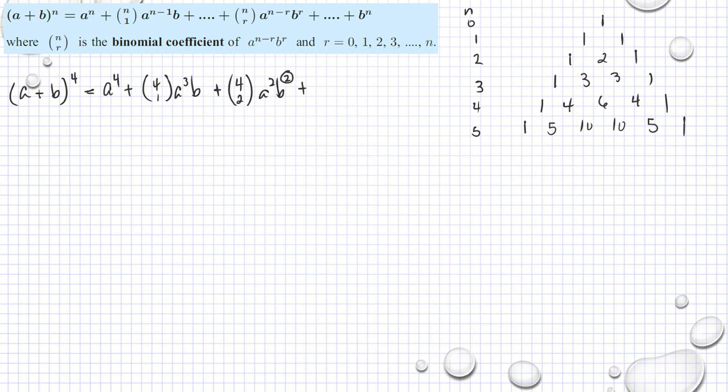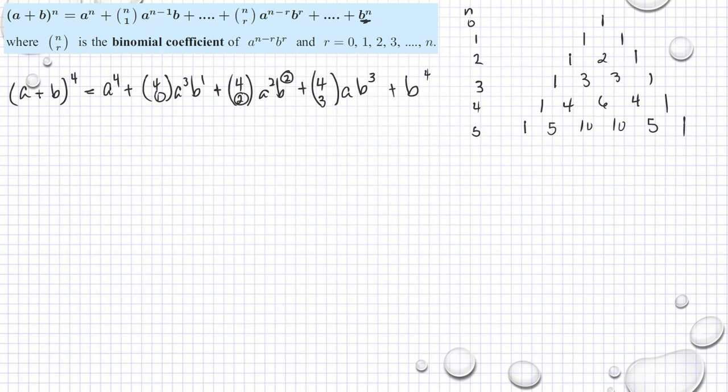That's why they are the same. It's always. And 1 there. Plus, I'm sorry, I already have plus there. 4 taken 3, and then we have a, b raised to 3, and then b raised to 4 there.